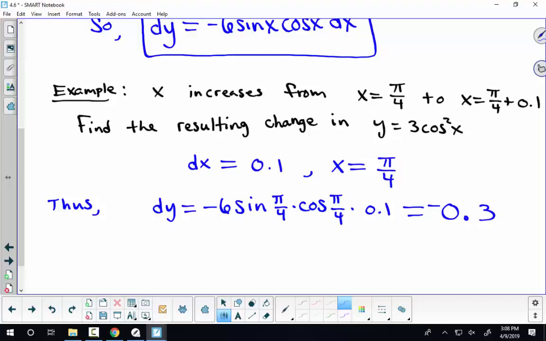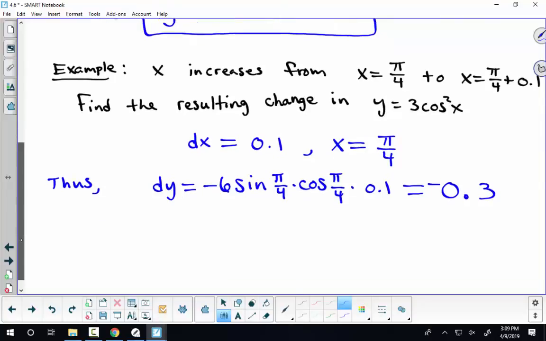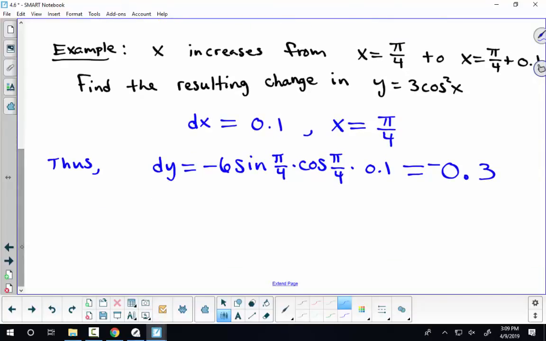So dy being negative, what does that mean? The change in y is negative, therefore y decreased, right? Because that's negative, it means it's decreasing. So let's put this dy equals all of this in words.